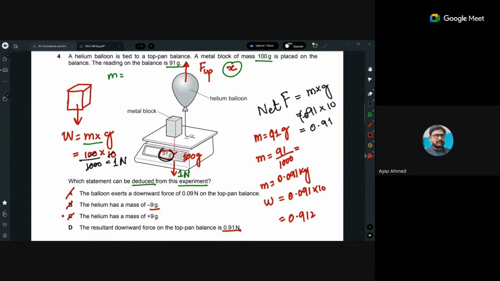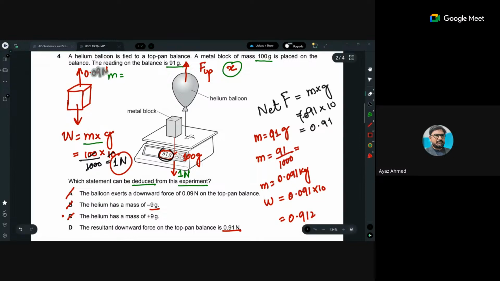Clear? Because upward and downward forces are cancelling each other. Before that, the downward force was how much? 1 Newton. Balloon is applying an upward force of 0.09 Newton. Check it once.